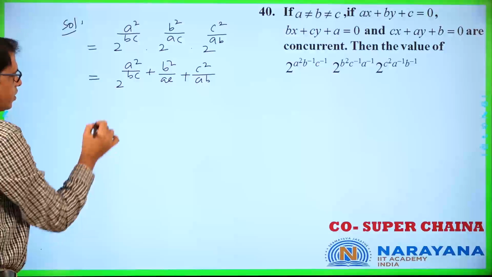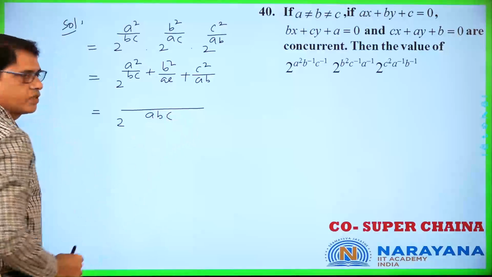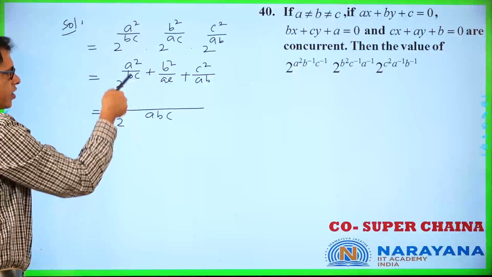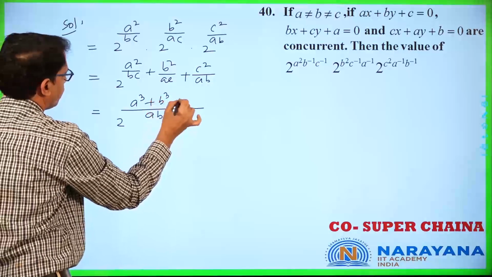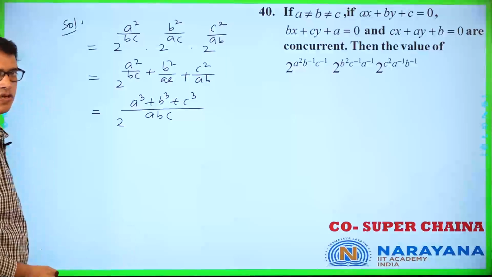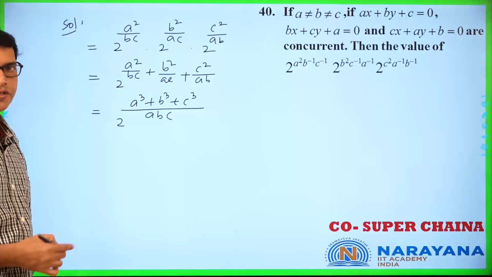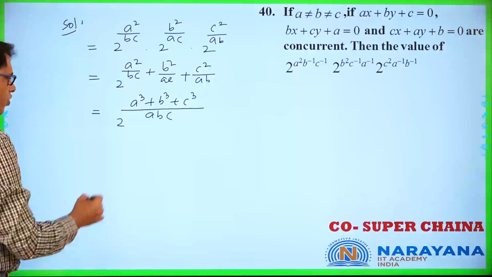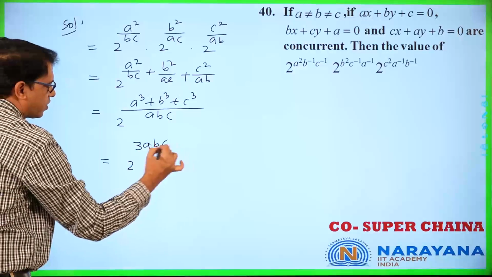Take the LCM, that equals 2 to the power, LCM is what? abc is the LCM. So here a gets multiplied, so it becomes a cube. Here b gets multiplied, b cube, c gets multiplied, c cube. Now we have the condition a cube plus b cube plus c cube equals 3abc. Therefore in the place of numerator I can write 3abc.